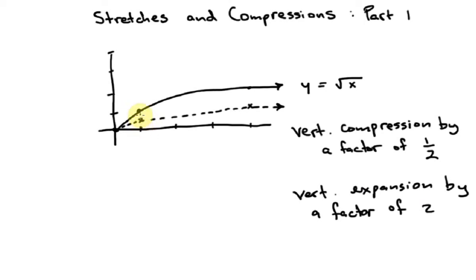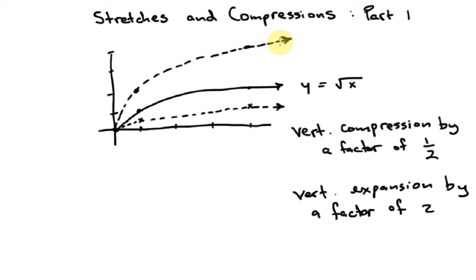So this point used to go up to 1; I make it twice as big, and it now goes up to 2. This one used to go up to 2; twice as big, it now goes up to 4. And this one had a vertical distance of 0, and twice 0 is still 0. So there it is, my stretched or expanded version.